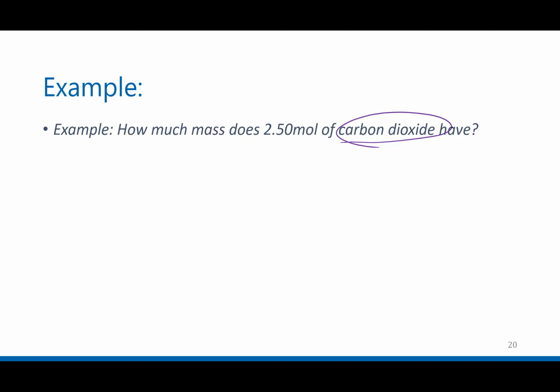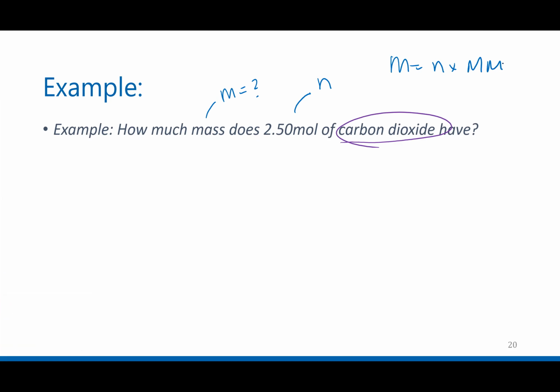The first thing you need to do for this example is, well, what is carbon dioxide? Because, again, if you look at the information the question is giving me, it's asking for mass, it's giving me moles. So immediately I know the formula I'm going to need to use is this formula.